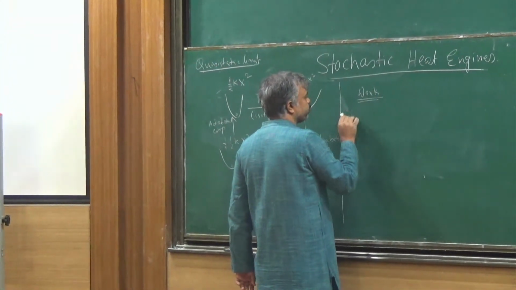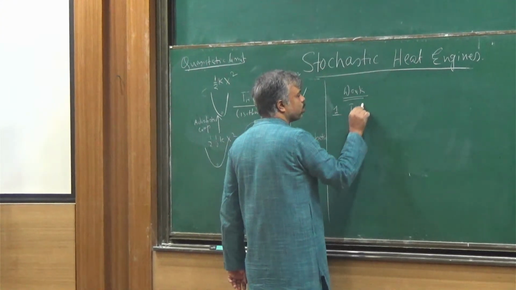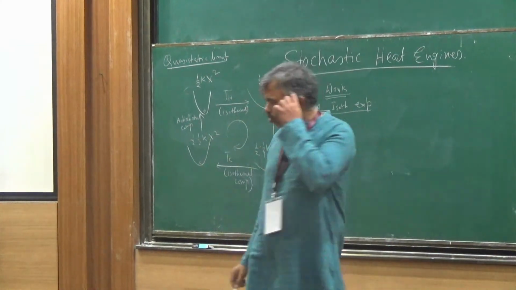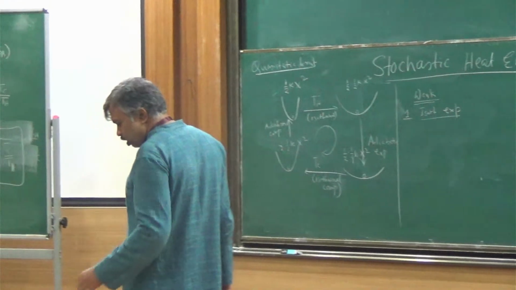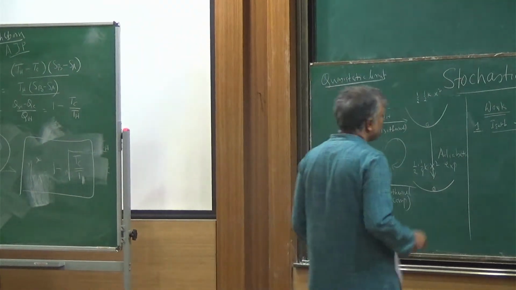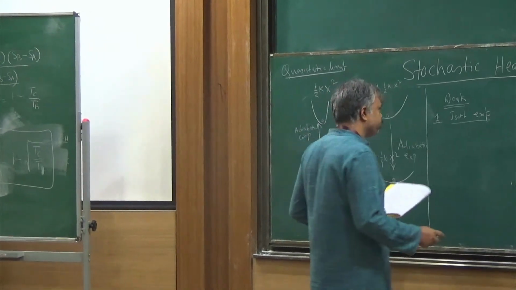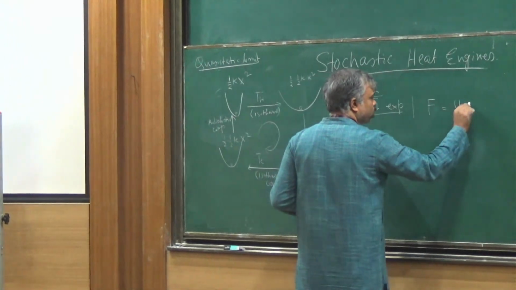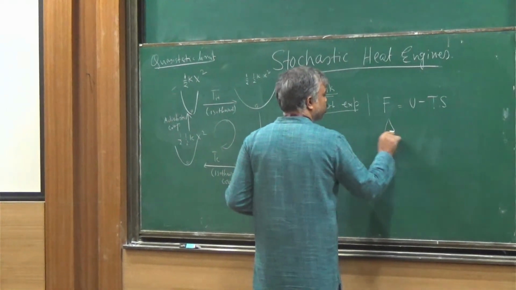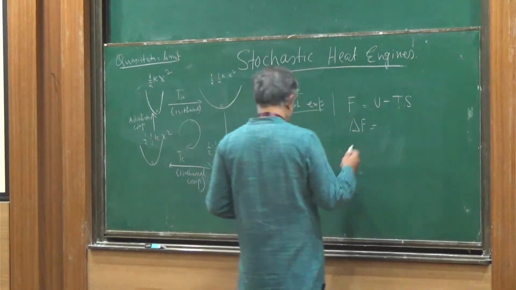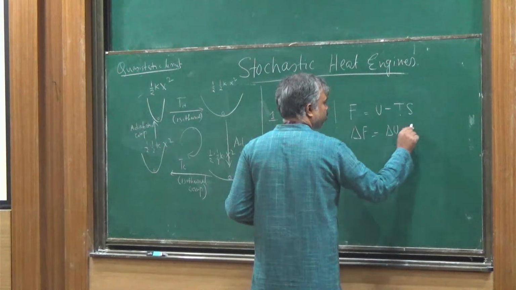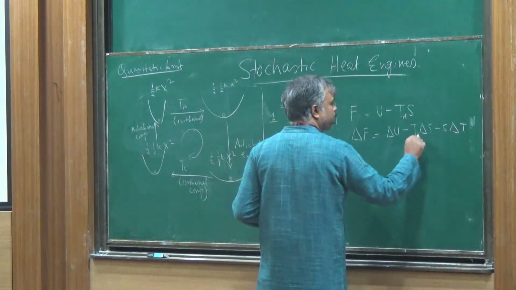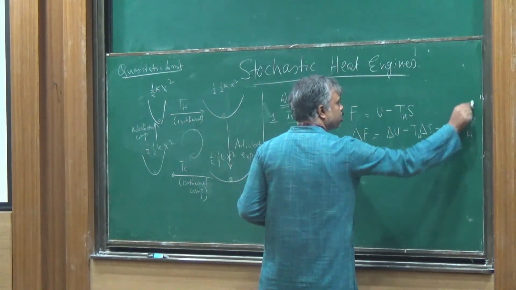So the first step, which is isothermal expansion. In the isothermal case, we have the very standard thermodynamics, not much different from the macroscopic. So F we can define because it is also quasi-static. So delta F is delta U minus T delta S. So this is TH, isothermal, delta T is 0.